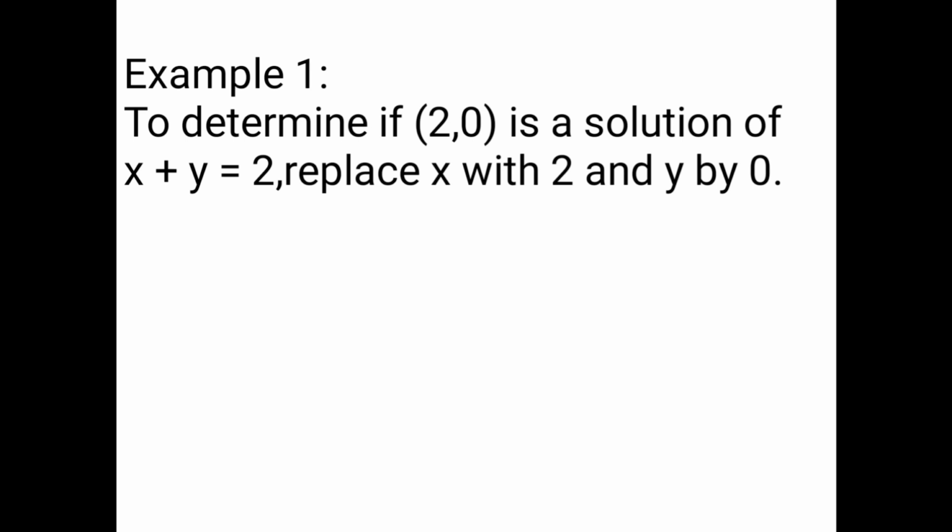Let's have a first example. To determine if (2, 0), the ordered pair 2, 0, is a solution of x plus y equals 2, we need to replace x with 2 and y with 0. x plus y equals 2 is a linear equation.